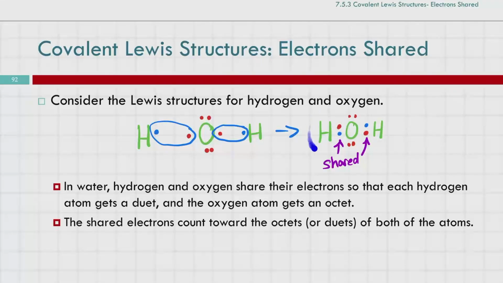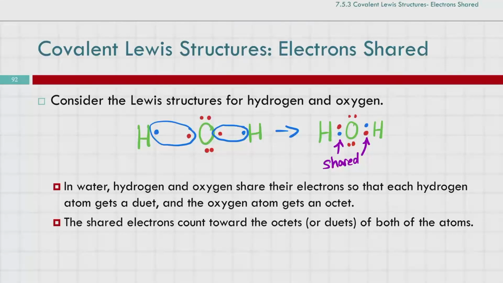So these 2 electrons count towards hydrogen's duet. Hydrogen, being in row 1, only has access to 1s, so it can only get 2 electrons. With its duet, hydrogen's happy. Same for the other hydrogen. The oxygen in the middle, though, wants a full octet, and now it's got 8 electrons around it.